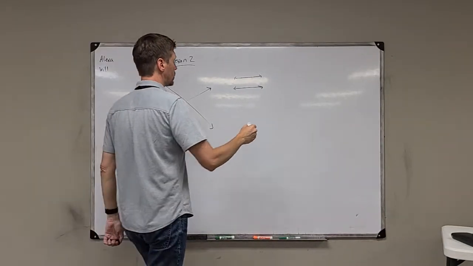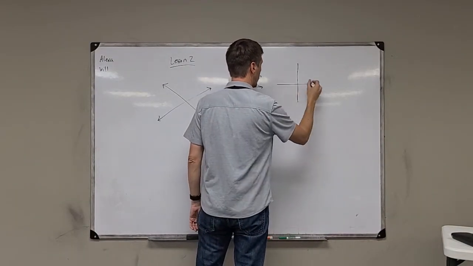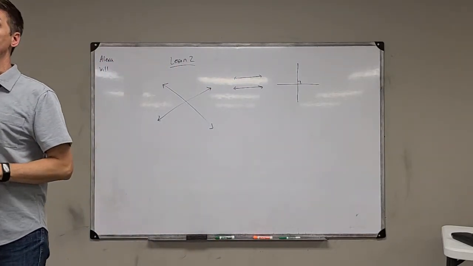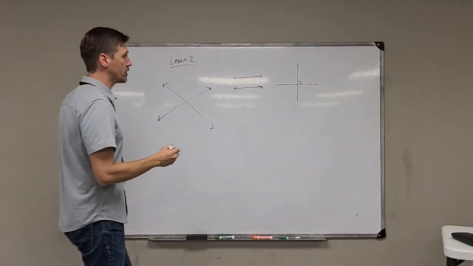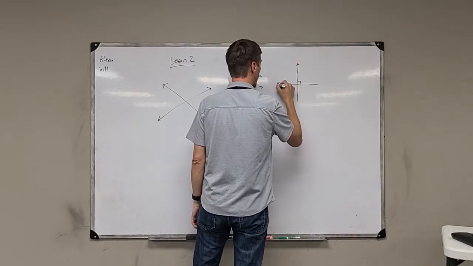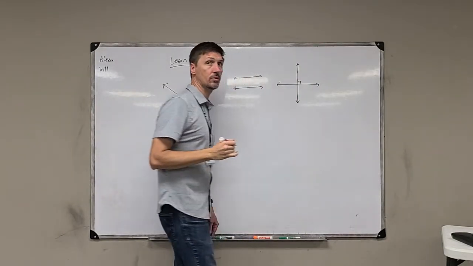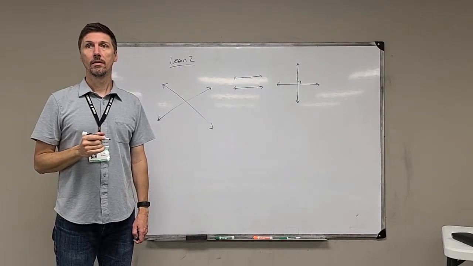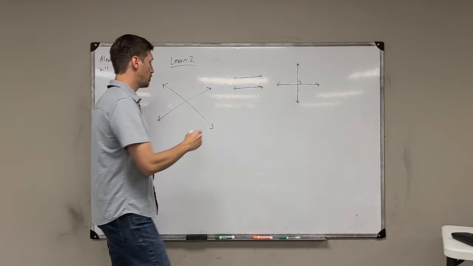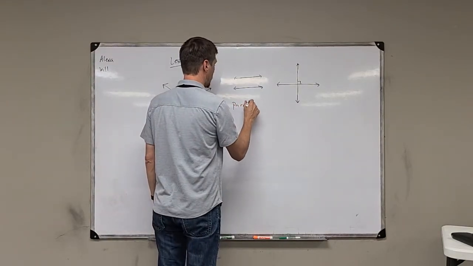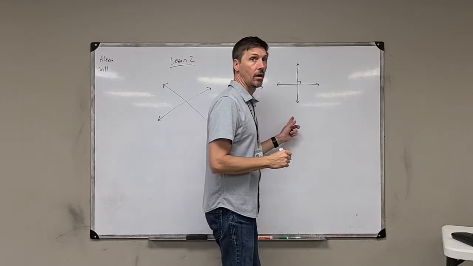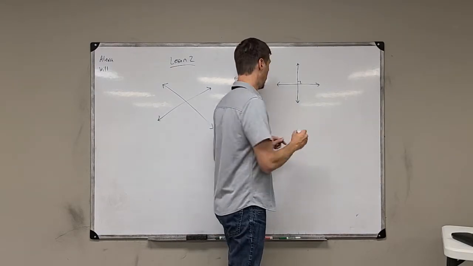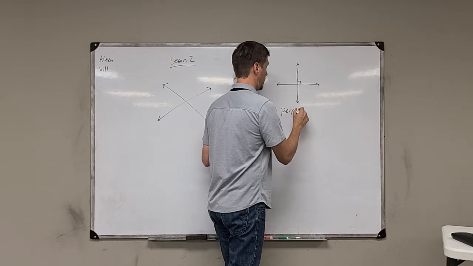What if they cross, and where they cross, there's a 90-degree angle? They are all right angles, so all the way around here it's a right angle, but we have a special name for these lines. Does anybody know what that is? Perpendicular.